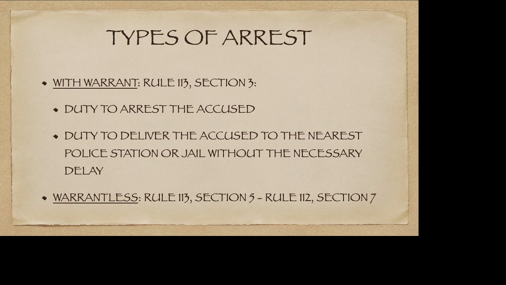Because of the warrant, the police officer to whom it is given has the duty to arrest the accused, and also the duty to deliver the accused to the nearest police station or jail without unnecessary delay. These are the duties imposed on the police officers.